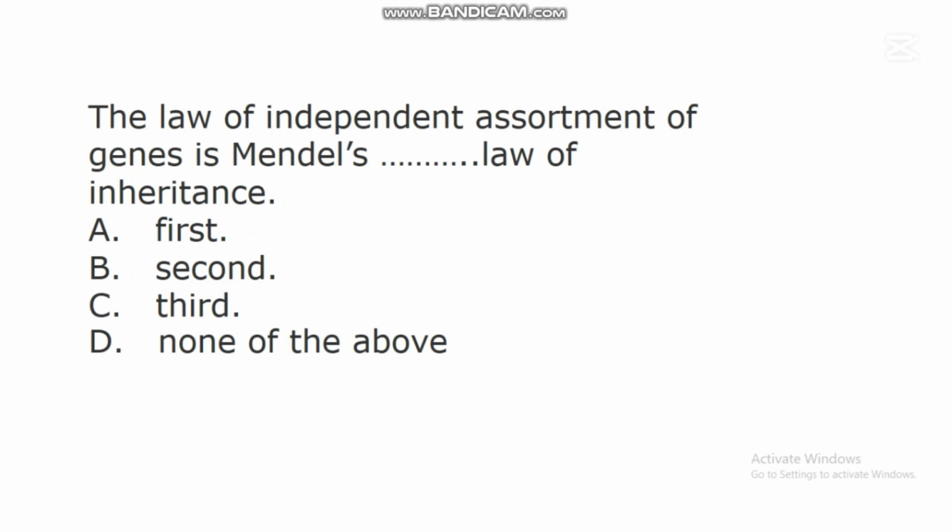In this question, the correct answer is B. Second law of inheritance. One of the laws of Gregor Mendel is the law of independent assortment of genes, and this law is Mendel's second law of inheritance.